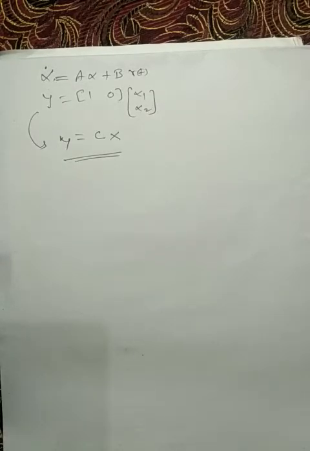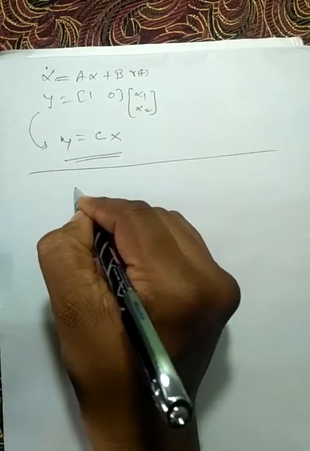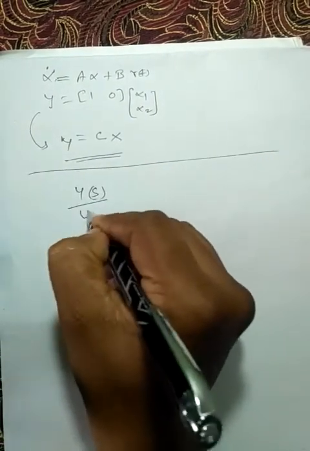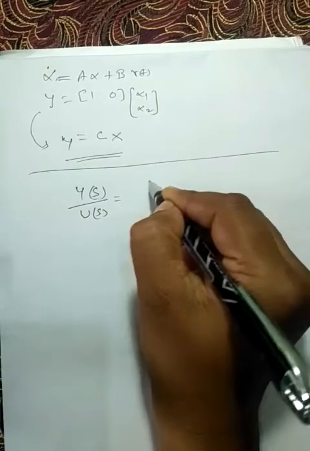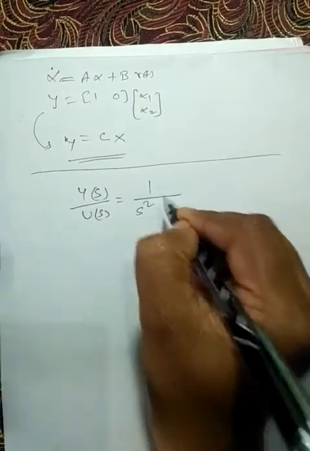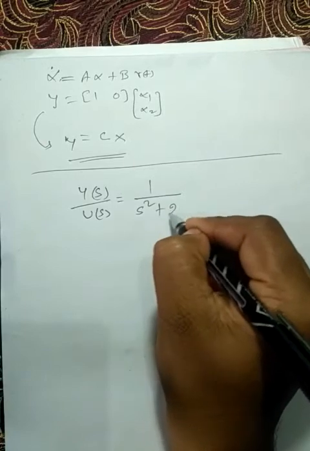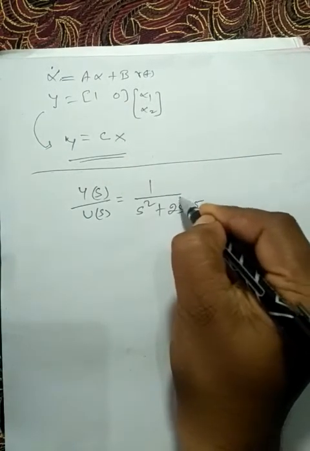Next, okay, let us solve some examples here. First, let we have a transfer function like ys over us is equal to 1 over s square plus 2s plus 5.